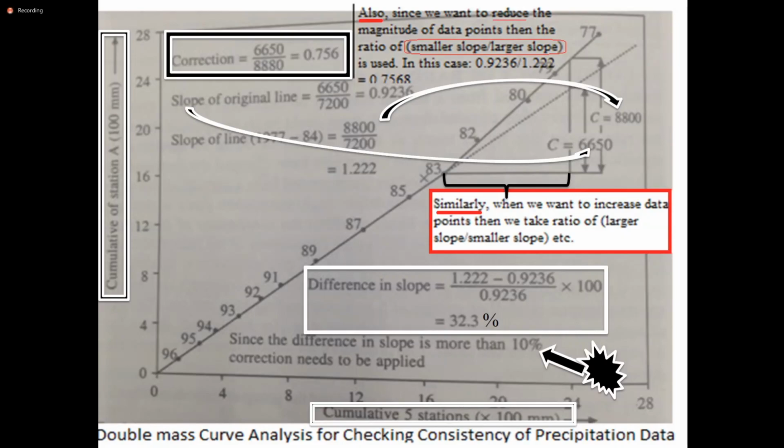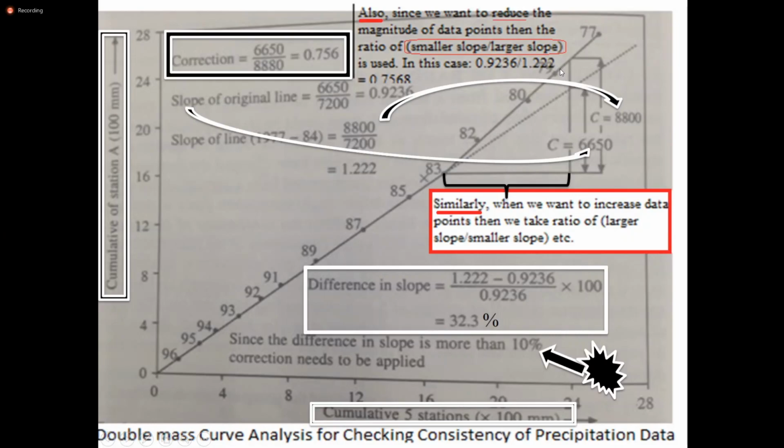So some problem in the data is appearing in year 83. From 83 to 82 to 80 and so on and so forth, the data has been corrupted or has some problem.